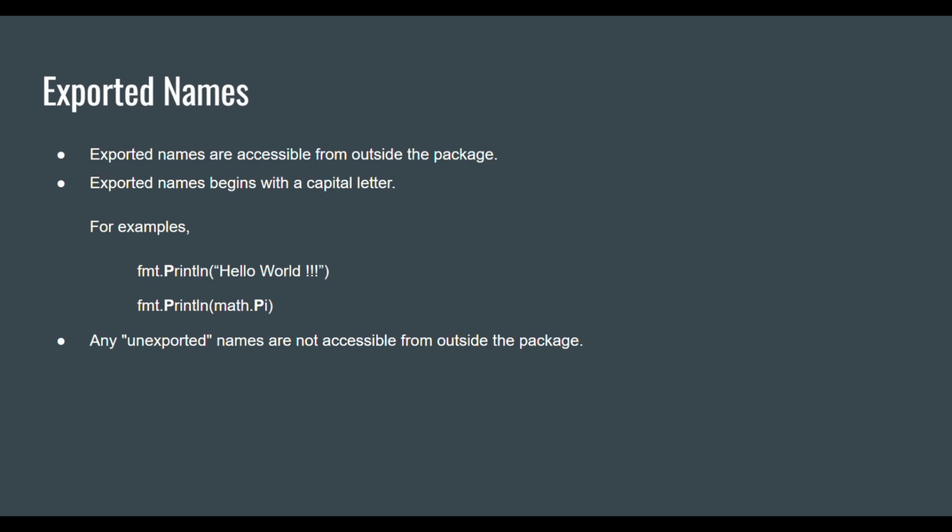Println function's first letter is capitalized. Because of that, that function can be accessed from outside its own package. If it was a simple letter, we can't access that function.